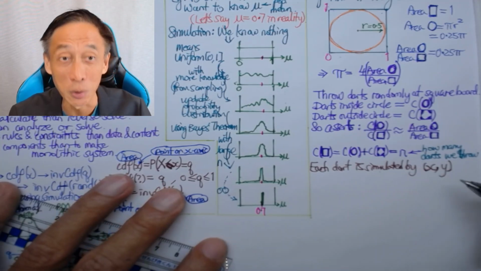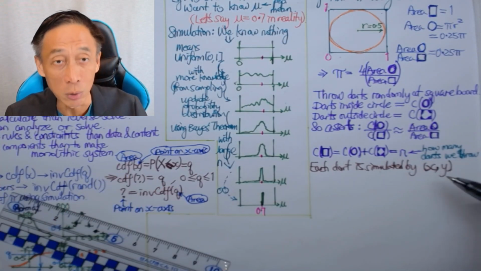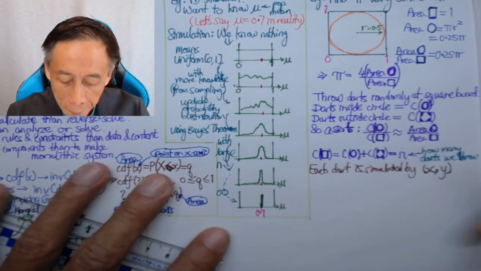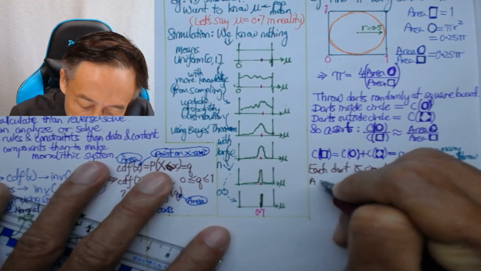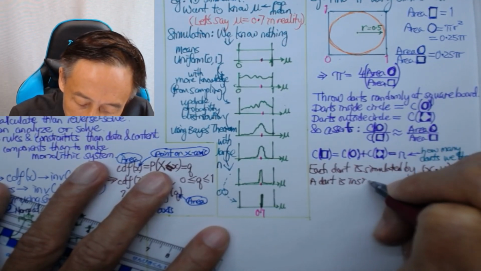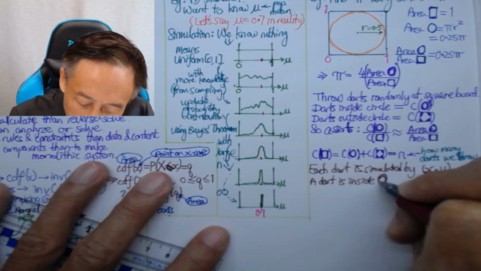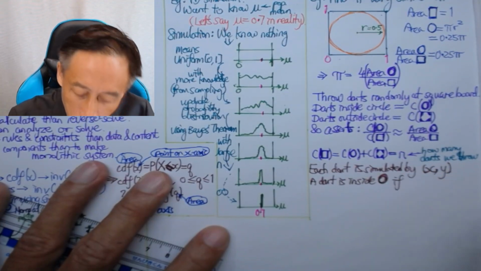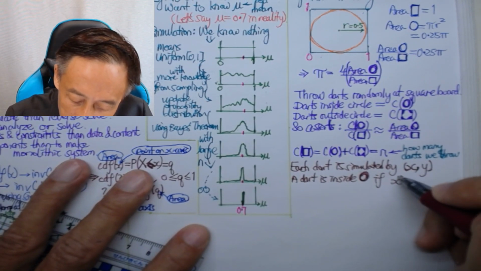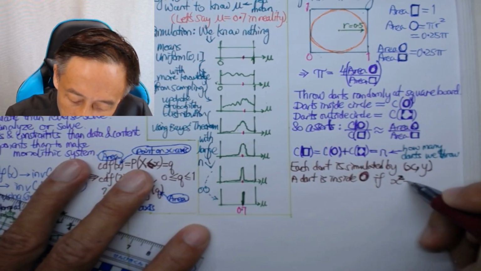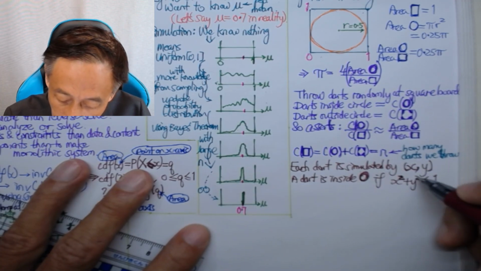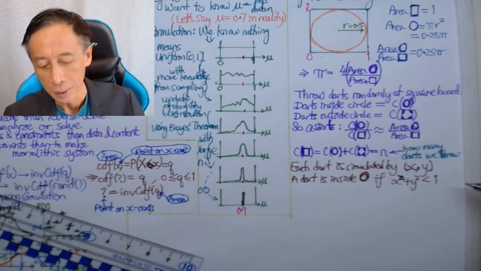So we just leave it as x, y, but you know that we'll do this 10,000 times with 10,000 different numbers, all between 0 and 1, right? So a dot is inside the circle if, as you recall, the circle equation: x squared plus y squared is less than 1. And it is outside otherwise.